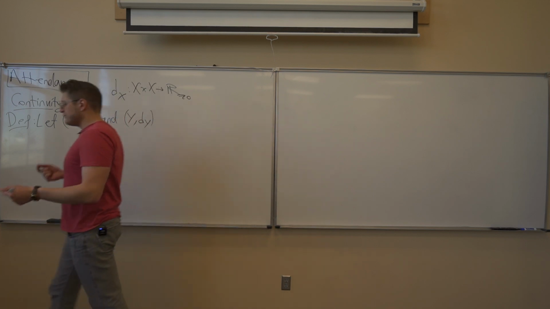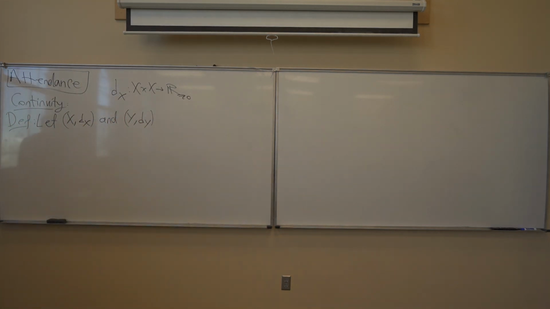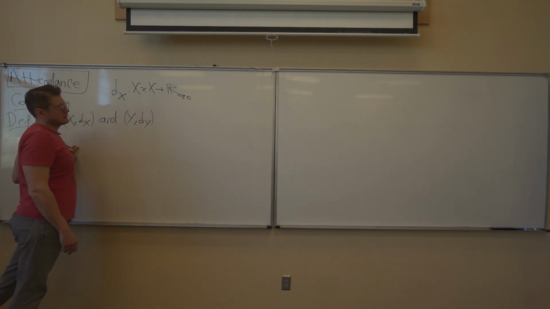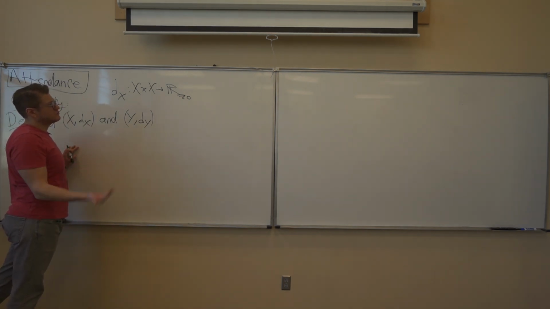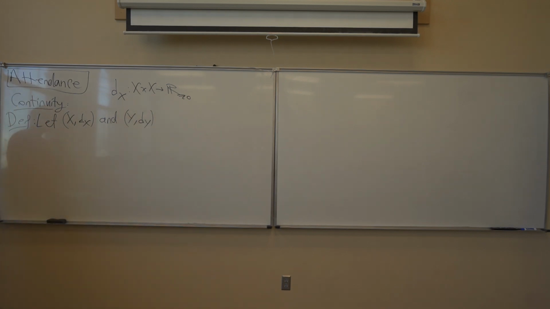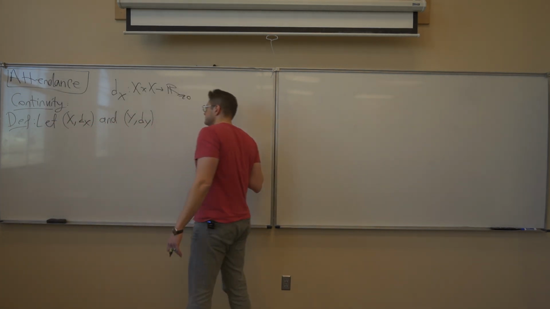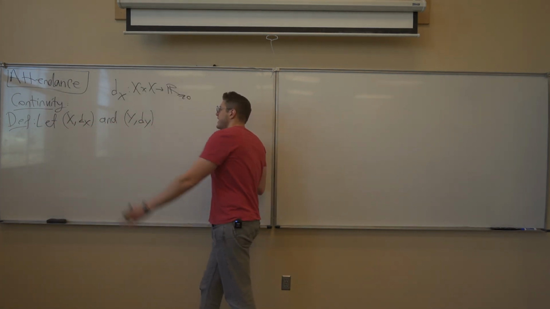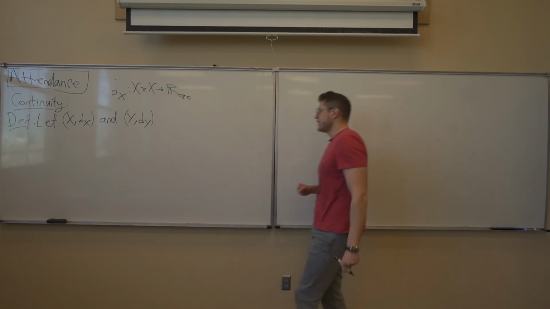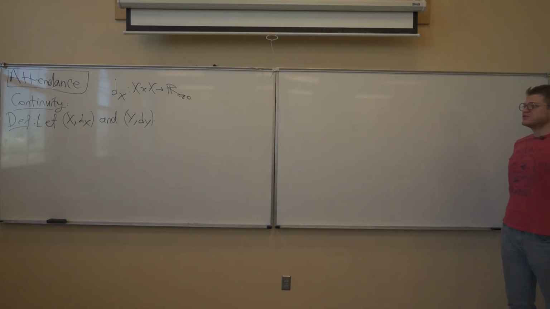You feed to it any 2 points in x, and it gives you as an output some non-negative number that is supposed to say what is the distance between these 2 points that you fed to it. And it has to satisfy certain axioms that we discussed, but I'm not going to remind you of those. And I have yet another set, y, with yet another metric on it, d sub y.